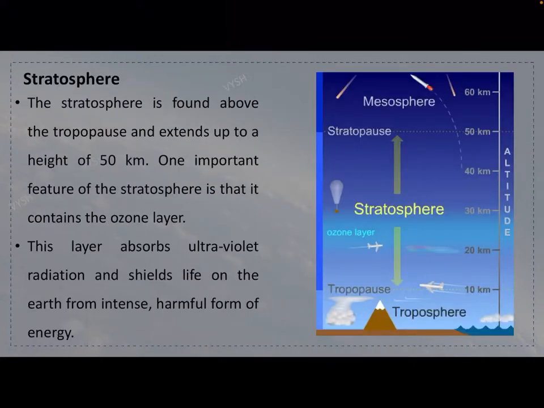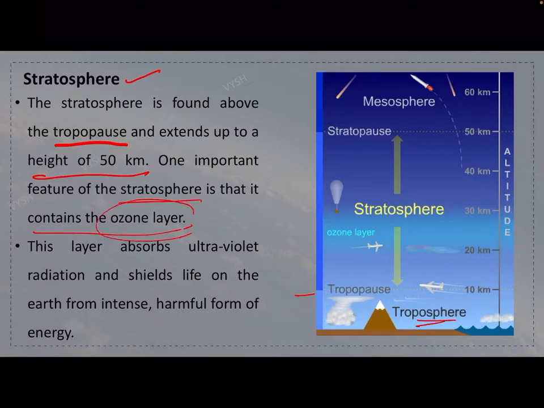Next comes the stratosphere. It is basically above the troposphere, after the tropopause. The stratosphere is found above the tropopause and extends up to a height of 50 kilometers. One important feature of the stratosphere is that it contains the ozone layer.